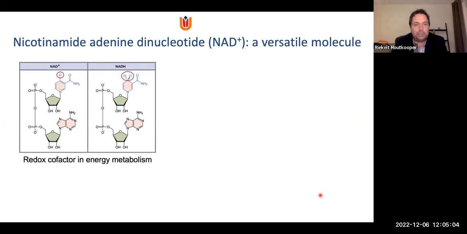And the work that I will present today is mainly focused on NAD, nicotinamide adenine dinucleotide, NAD+ particularly, which is a molecule that most of you, if not all, will know from your textbooks, mainly as a cofactor in energy metabolism, as a redox cofactor, mainly in balance with NADH.